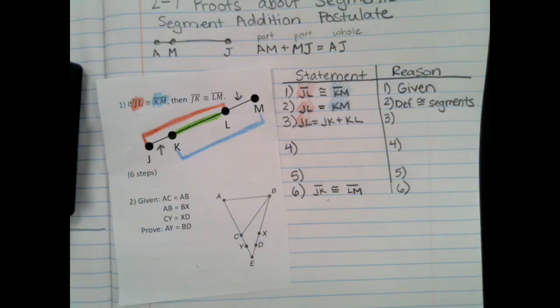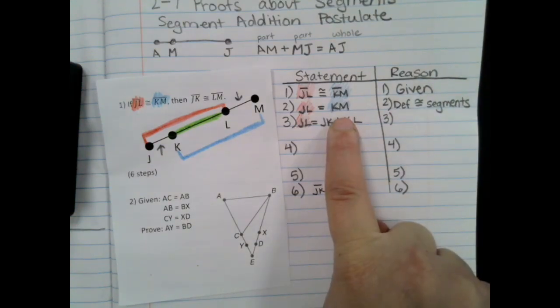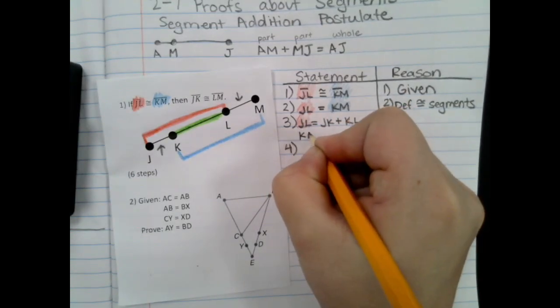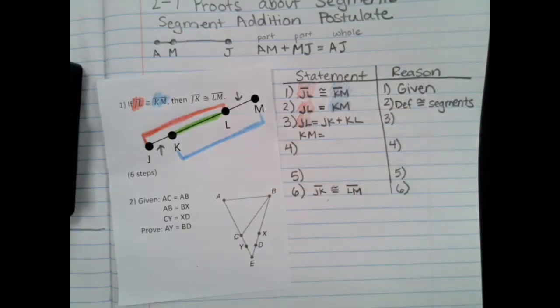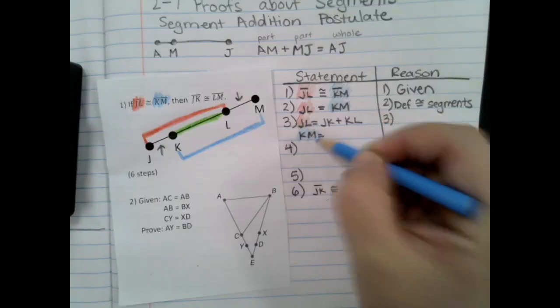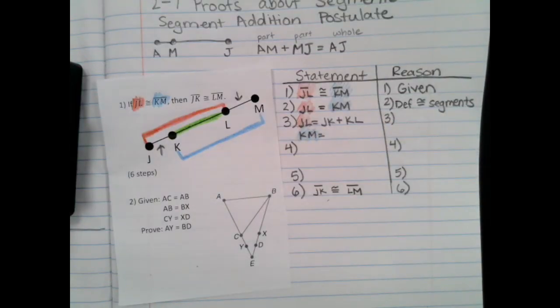Can I do the same thing with KM? Yeah, we can break it up. It's not the same segments, but we can break up KM. So what is KM going to be equal to?